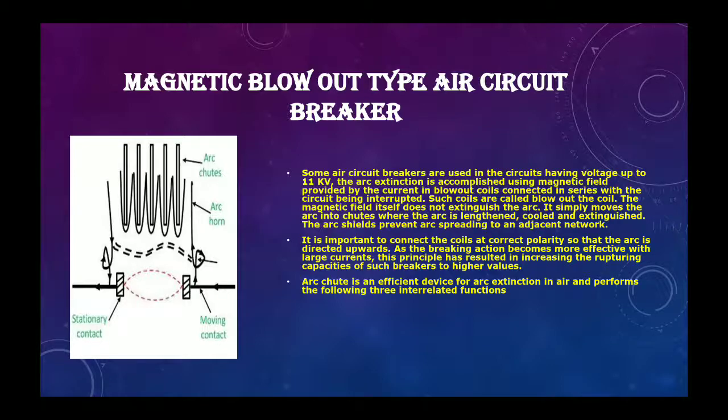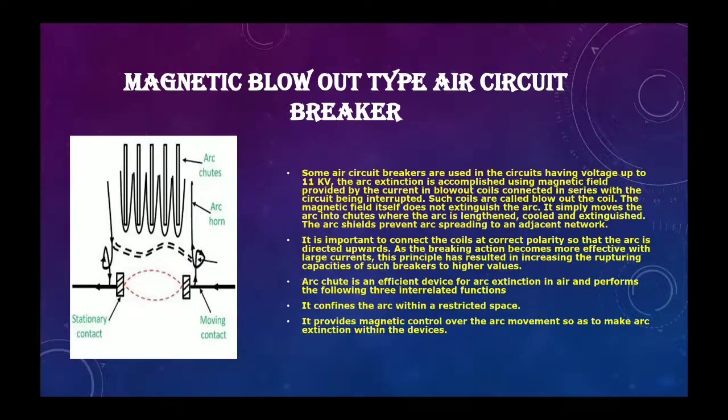Arc chute is an efficient device for arc extension in air and performs the following three interrelated functions. Number one, it confines the arc within a restricted place, so the arc cannot be moved from the contact space, or it is actually limited within the restricted place.